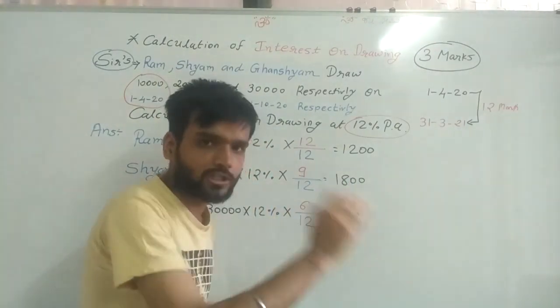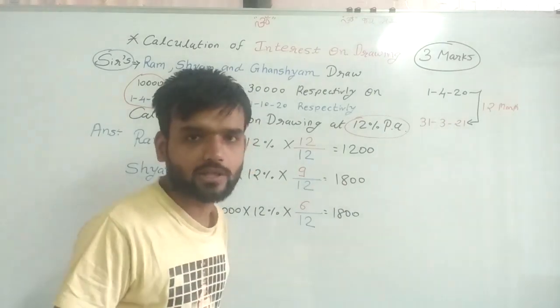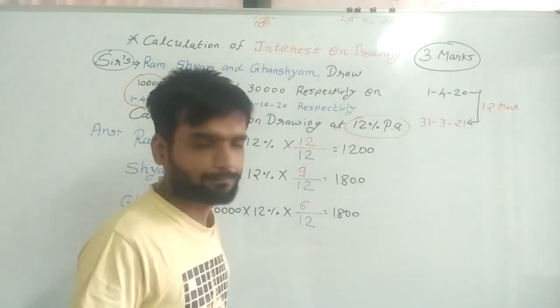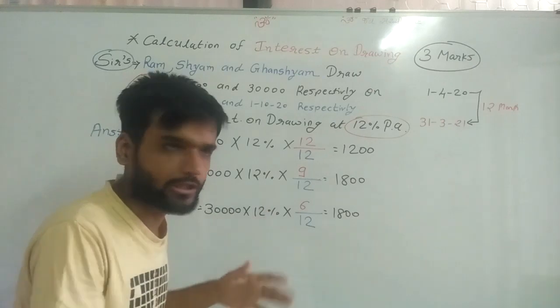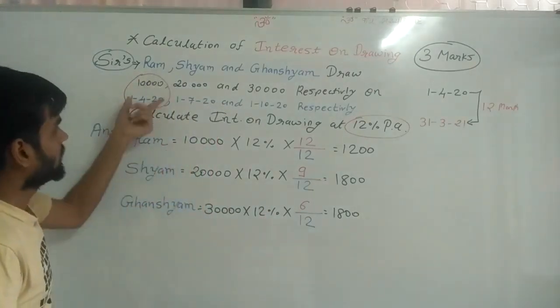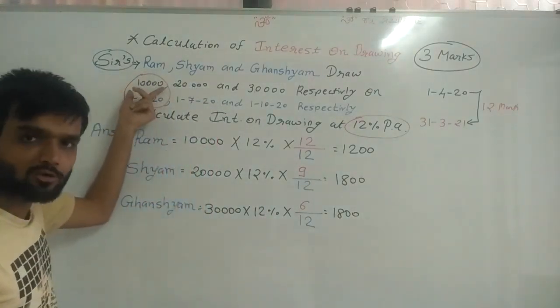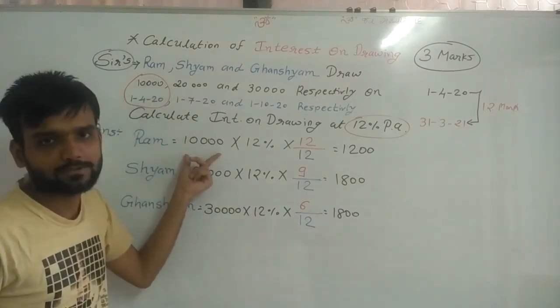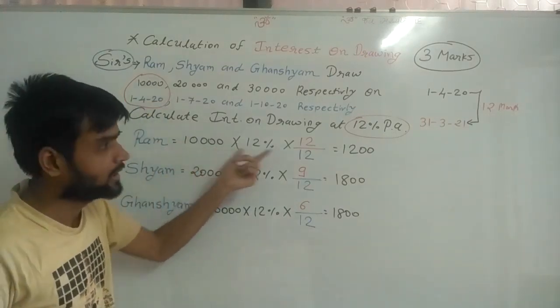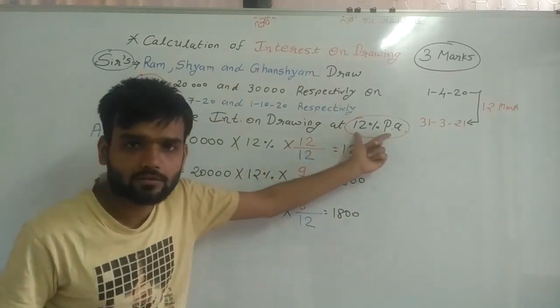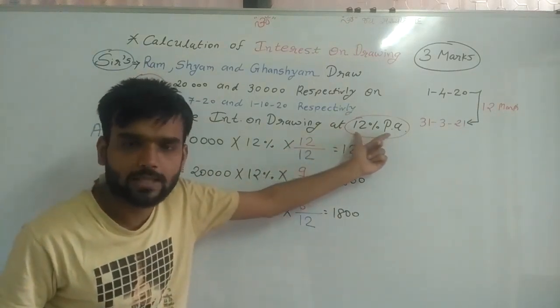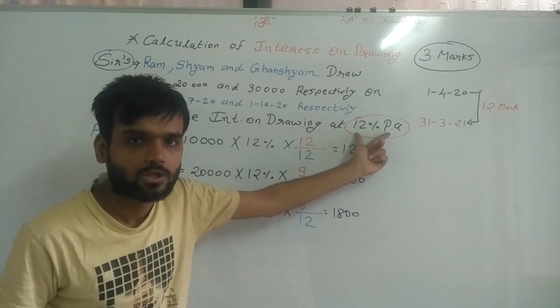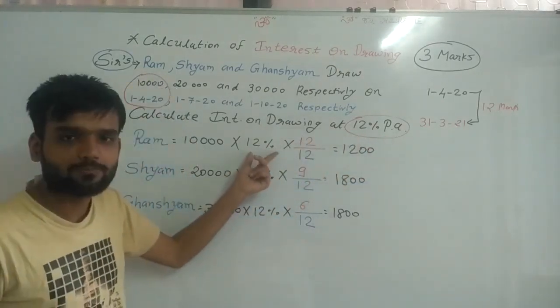But for Ram, we need to pay 12 months of interest. Now we need to calculate. For Ram, the amount of drawing is 10,000 rupees, so I write here 10,000 rupees into the interest rate percentage given, 12% per annum. So I write here 12%.